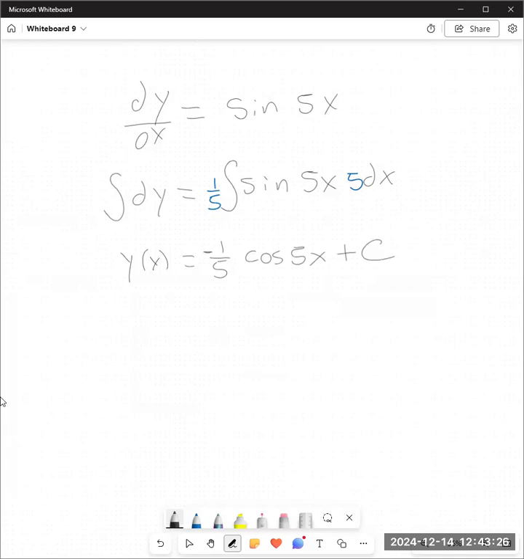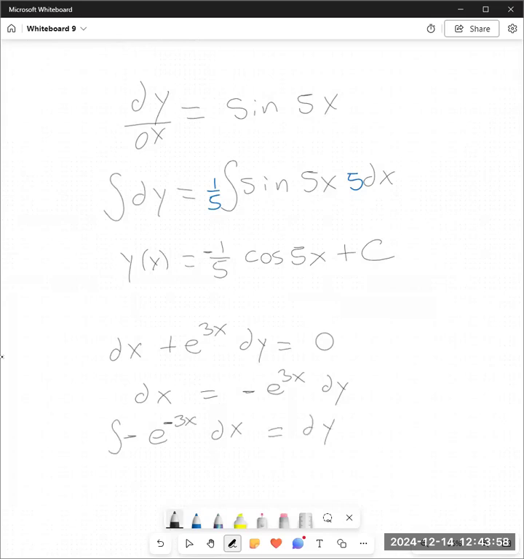If it's already split for you, it could look something like dx plus e to the 3x dy equals 0. You need to make this dx equals negative e to the 3x dy. Separate the x parts from the y parts, and we get a negative e to the negative 3x dx is equal to dy.